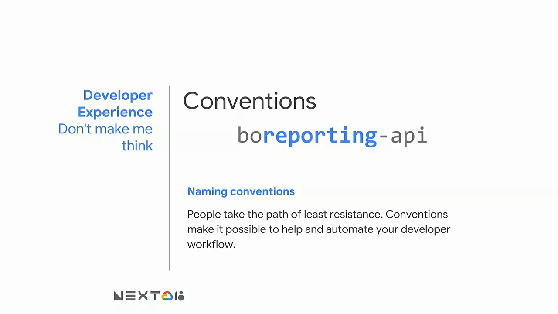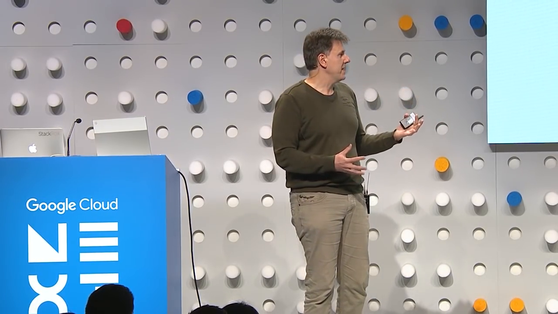But the thing is that it really helps with automating the process. With conventions, when there was an API at the back, we automatically expose that to the outside world. Was it a batch? Then it was a batch system. It really helps to make the developer flow go well.